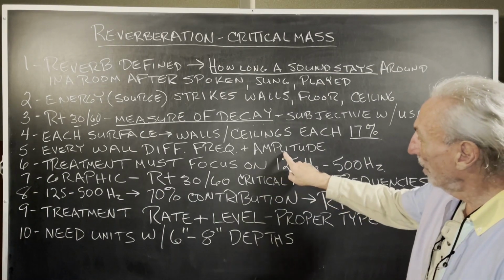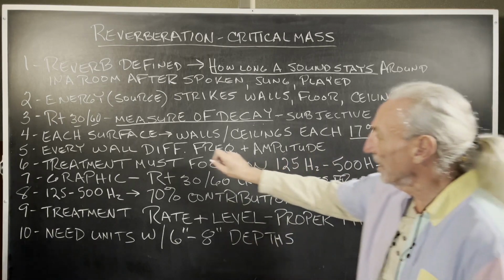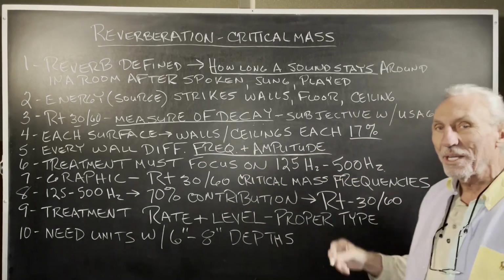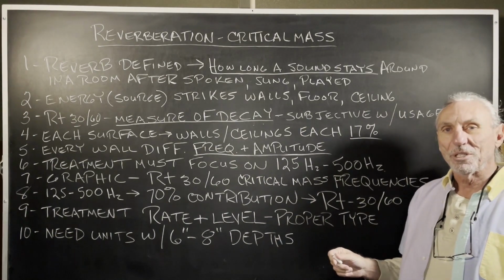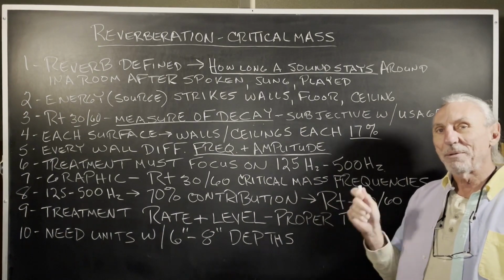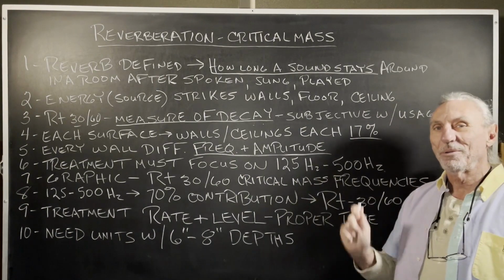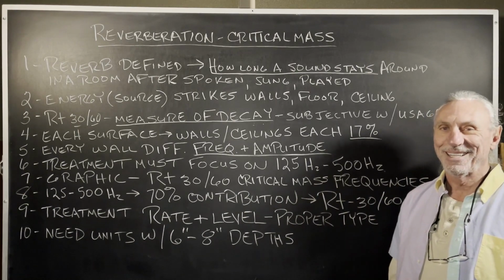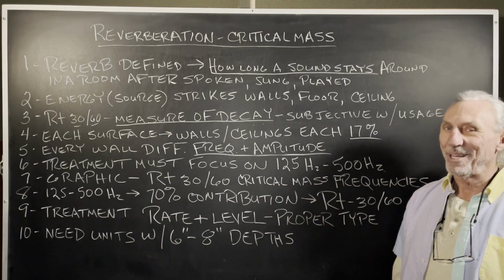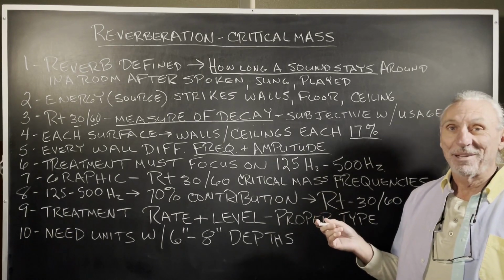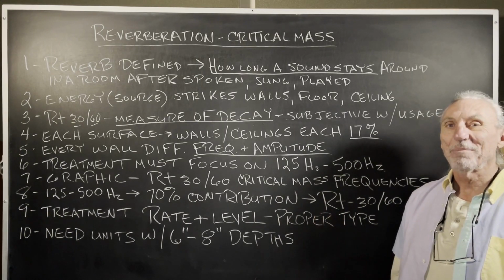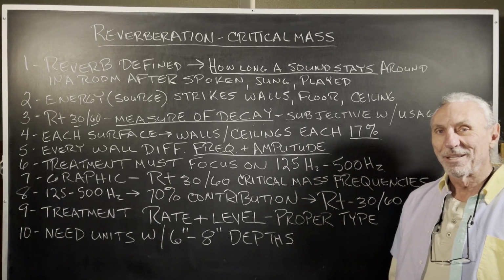So every wall is 17%. Every one has a different frequency and amplitude. We get constant photos from schools and churches where the same treatment is used all the way around the room. That can't be. That just can't be. The frequency could be the same, but the strength or amplitude is not going to be.